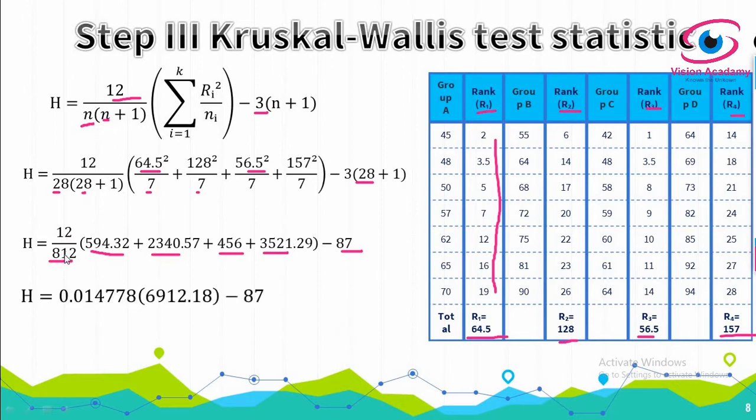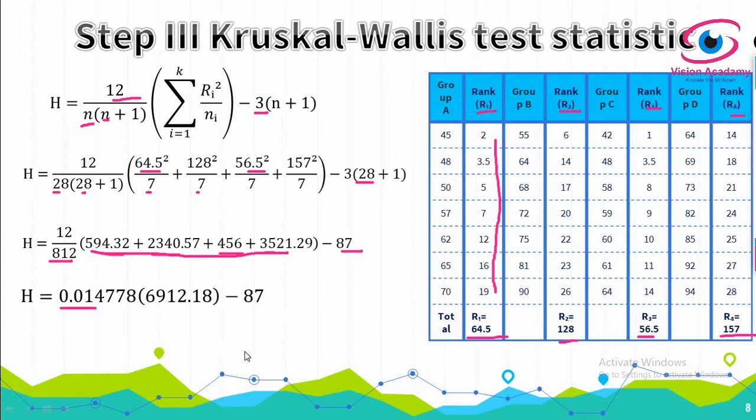So this is 12 by 812. So 12 by 812 will be 0.014778. Added all together, the sum is 6912.18. So this is 87.